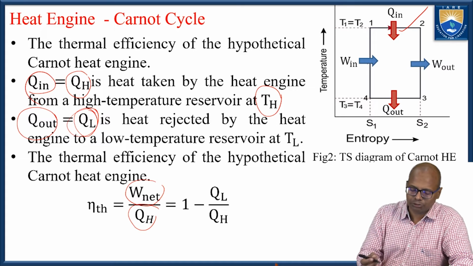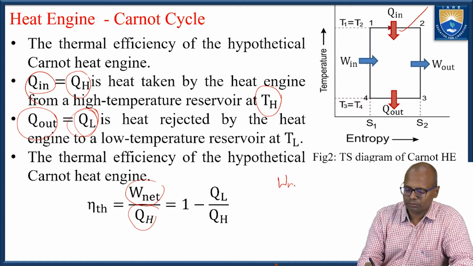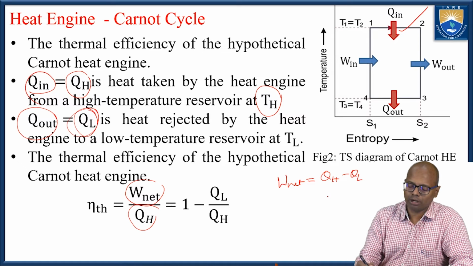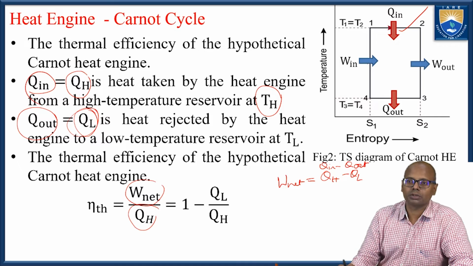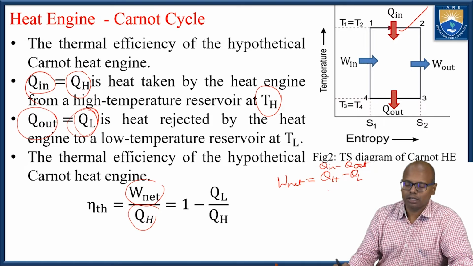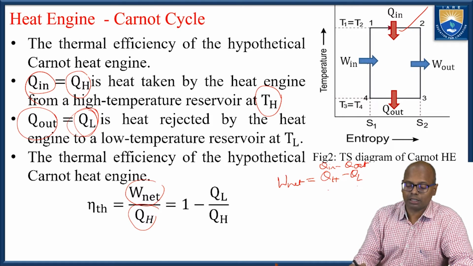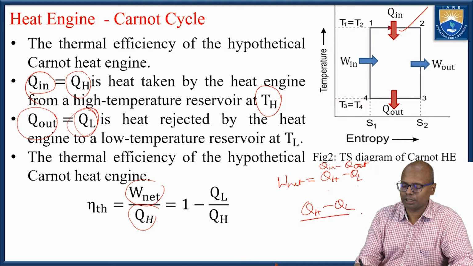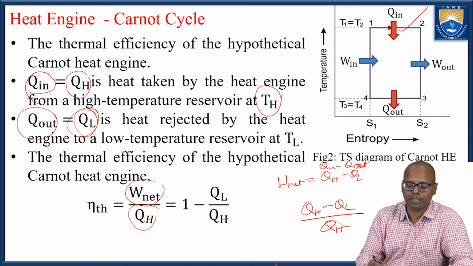In the previous slides we have seen that net work done is equal to QH minus QL, or Q in minus Q out. So if I take QH minus QL divided by QH, this QH will get cancelled and you will get 1 minus QL by QH.